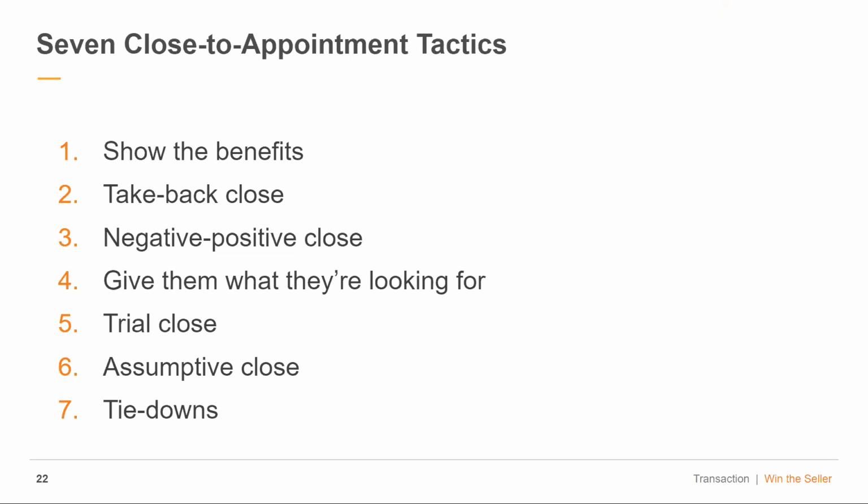What do you think on that one? Tell them the goods and the bads. Negative positive close. Roger, any thoughts? Give us an example. Somebody might be thinking about not putting their house on the market in the wintertime, for obvious reasons, right?